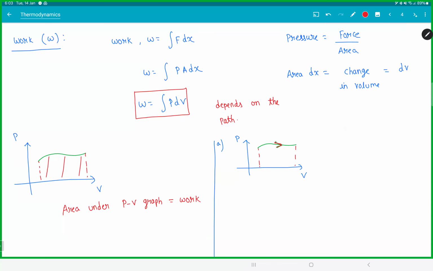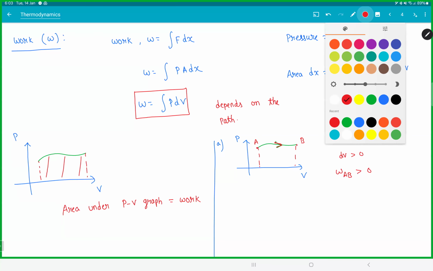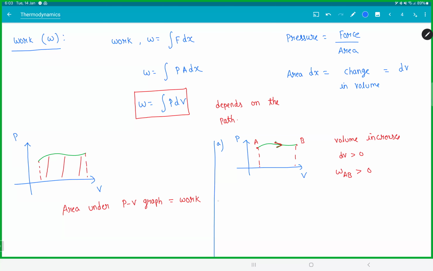When you go from left to right, that is point A to point B, volume is increasing. If volume is increasing, then dV is greater than 0. Therefore, work done from A to B is positive. So the area under the graph will give you the magnitude, whereas the direction is given by that sign. That arrow's direction will tell you whether the work done is positive or negative. If the arrow is going from left to right, then the volume is increasing, work done is positive.